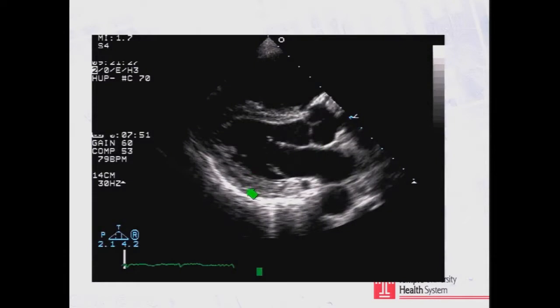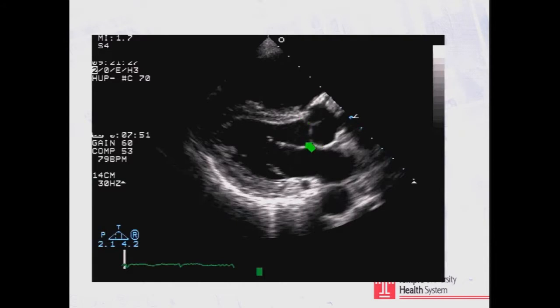The correct presentation of the parasternal long axis is with the apex horizontal, with the LVOT maximized. Looking at this image, it's not a perfect view because the two cusps are not equal in size.